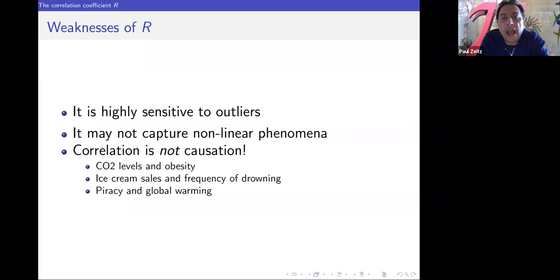Of course, what's happening is that there's a confounding variable: as time passes, Americans are getting more obese, and as time passes, CO2 levels are also going up. There's no causation at all, and so computing an R for this is an incorrect use of statistics.